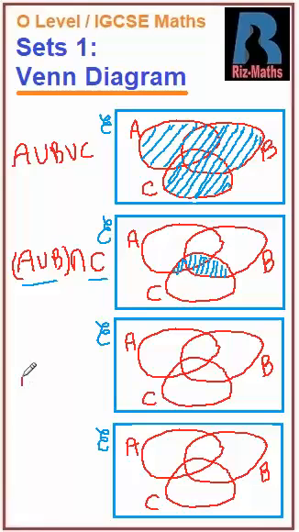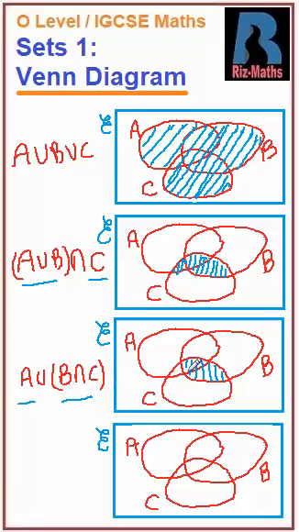Similarly, if it is A union (B intersection C), the bracket is now on this side. Same thing, but the bracket is here instead of here. So now first we'll see what the bracket is. The bracket is B intersection C, which means the common part of B and C. Now since it's a union with the other side, we can freely first draw this and then draw this.